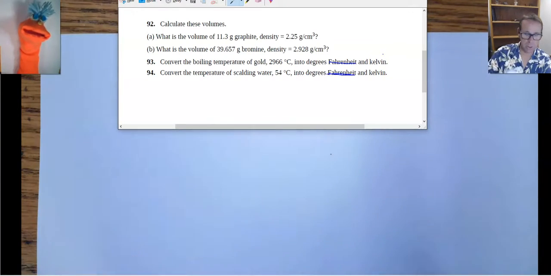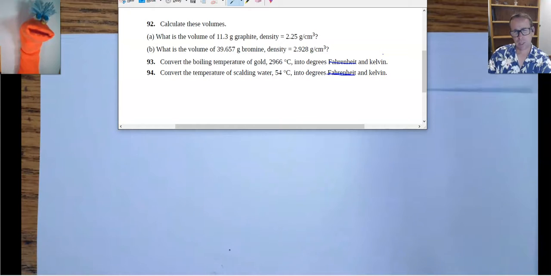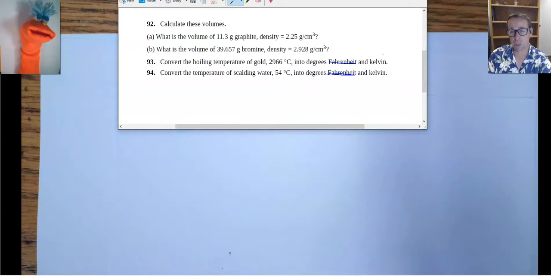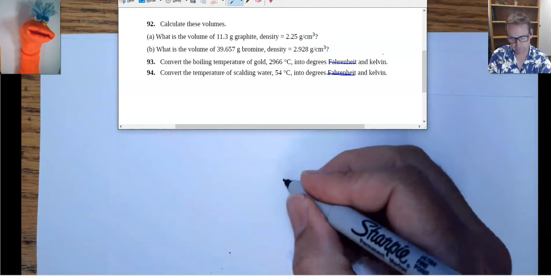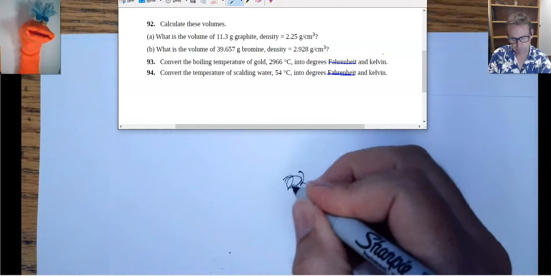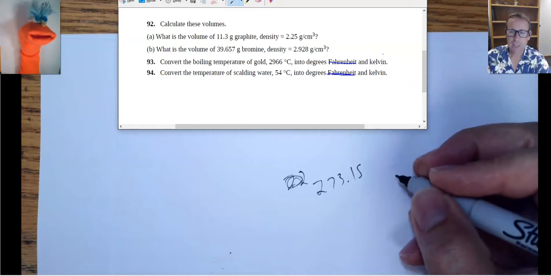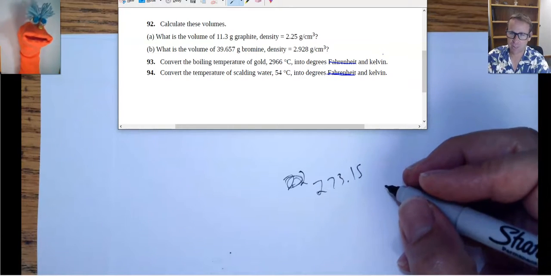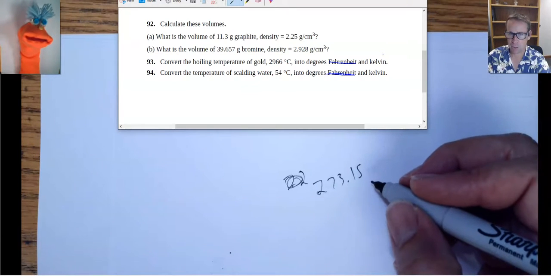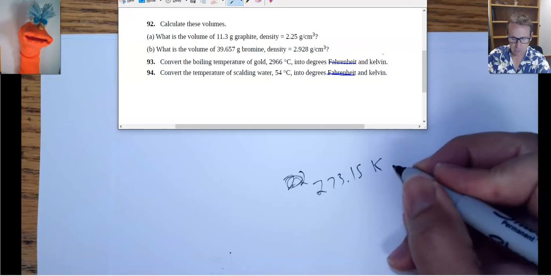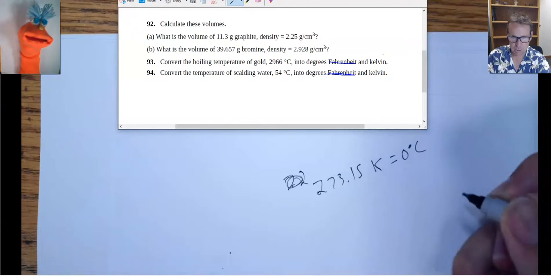Okay, so here's how we do it. First of all, we have to remember 273.15. That's how many Kelvin there are when we're at 0 Celsius. So that's Kelvin, that's equal to 0 degrees Celsius.